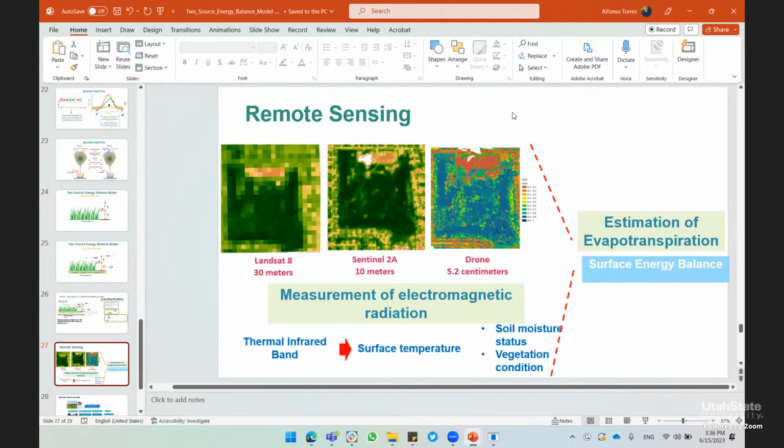PSEP, on the other hand, is going to make an assumption. It's going to assume initially that in the area evaluated, the pixel area, everything is vegetation, and it's going to assign a very high value to latent heat flux.